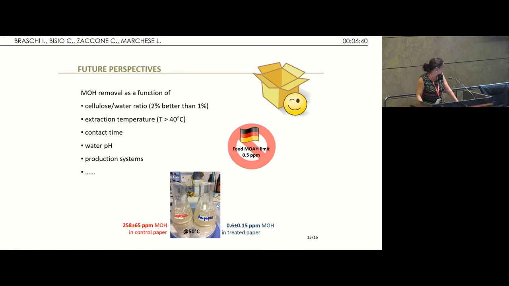So we believe that this is the best solution to remove mineral oil from cellulose-based packaging to produce safe paperboard for food contact.